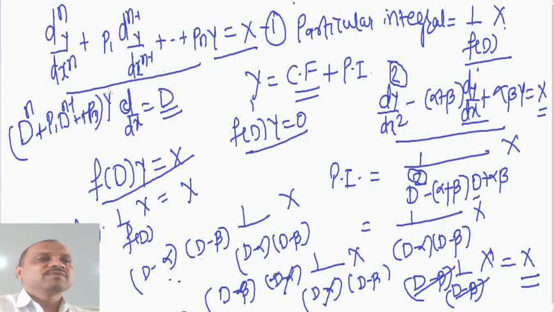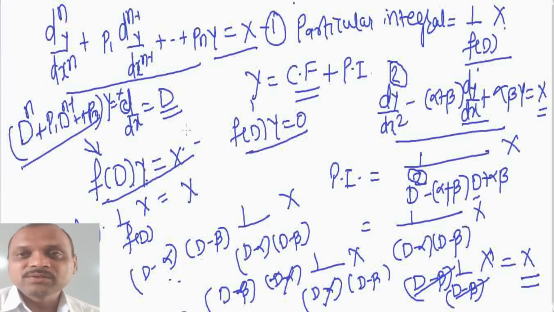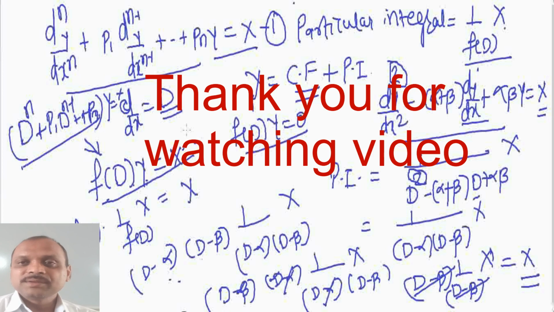So this is equal to x. This is my equation in terms of D, and for this I have written the short form as f of D operating on y equal to x. Okay friends, I hope you have got the idea of how to write the equation in terms of the operator D.